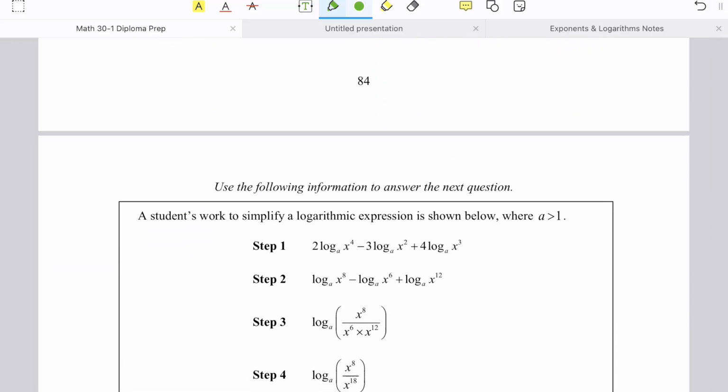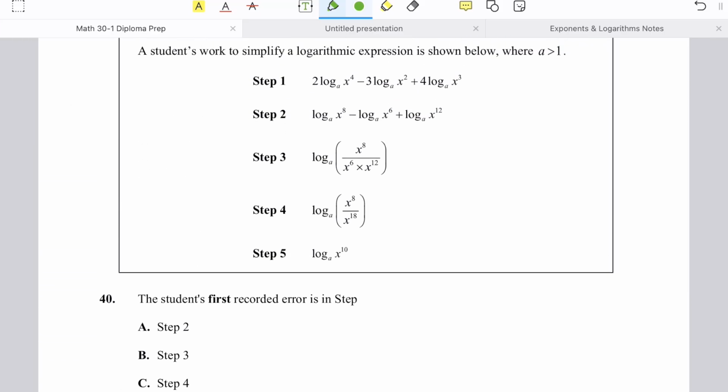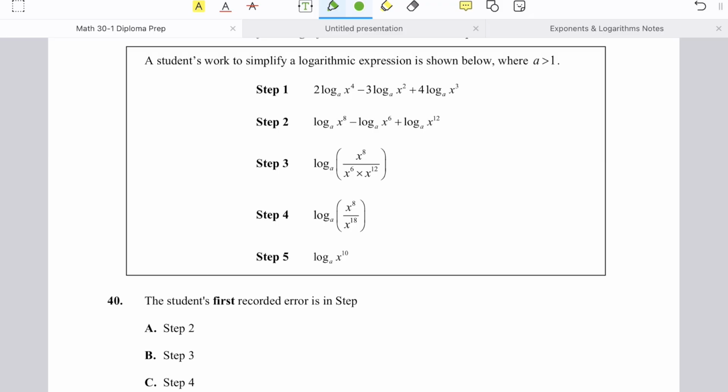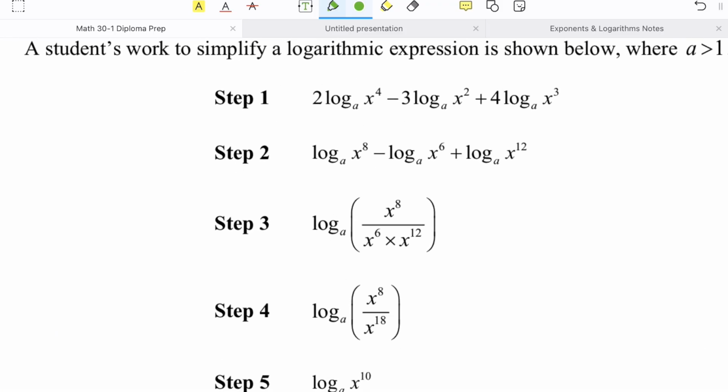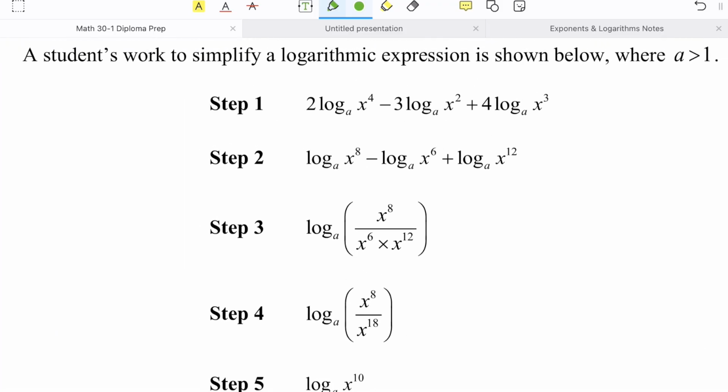Let's look at the mistakes in this person's work. Let's pay close attention. He bumped it, 4 times 2 is 8. Bumped it again, 4 times 3 is 12. Looks good. Now the bases are the same.